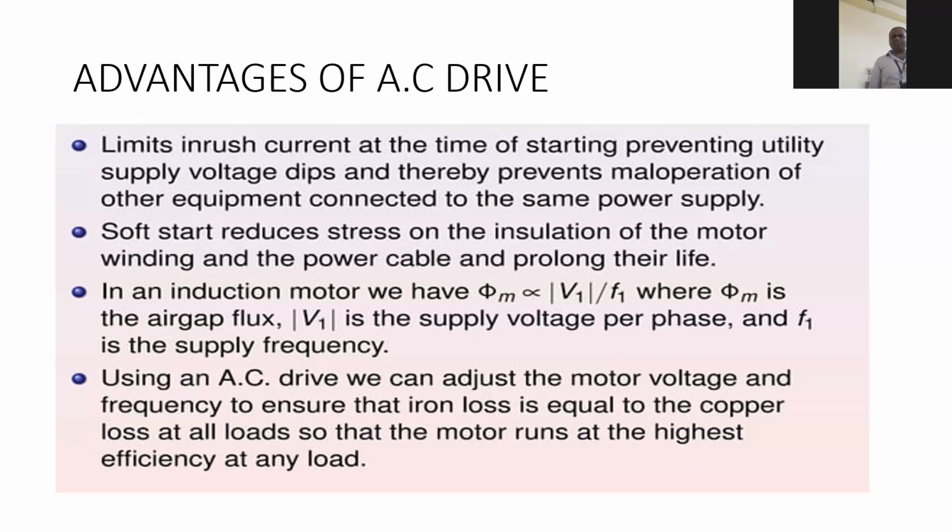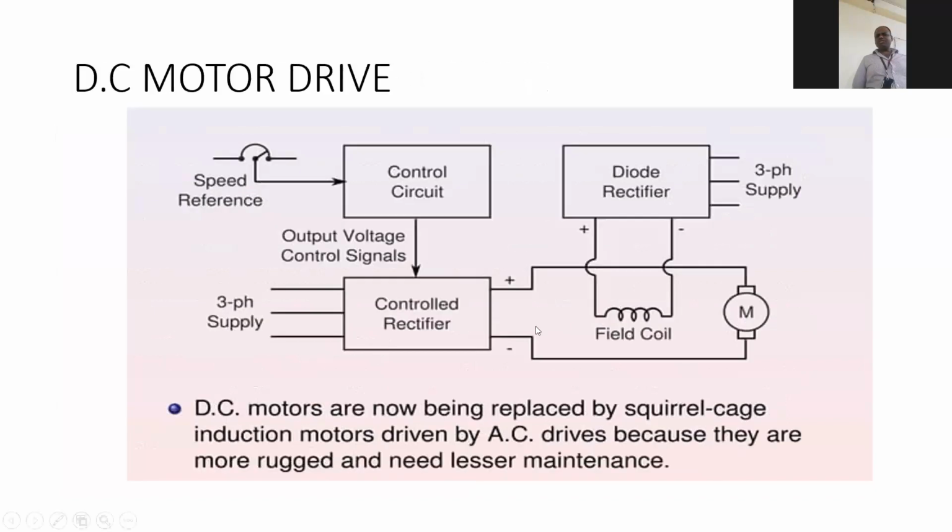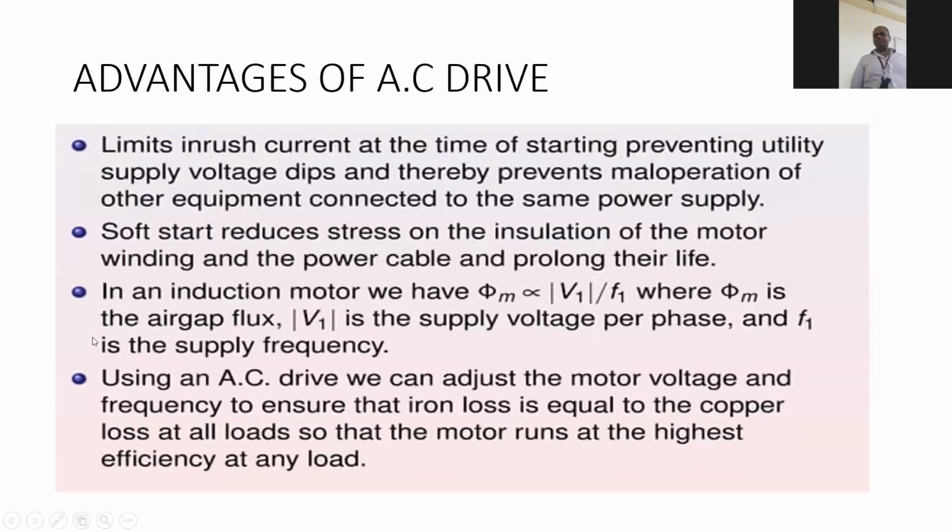So here we need to use AC drives, which means we can adjust the motor voltage to ensure that there will be an iron loss which is equal to the copper loss at all loads, so that the motor runs at the highest efficiency of AC drive.